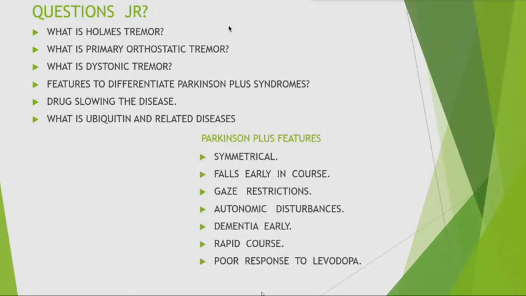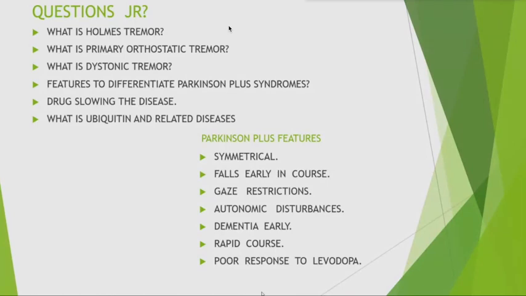So the Parkinson plus features are features that differentiate it from Parkinson's disease, namely Parkinson plus features are symmetrical. Second, these patients fall early in the course of disease, unlike in Parkinson's disease where the fall comes later. Gaze restriction is a feature of Parkinson plus. Autonomic disturbances are features of Parkinson plus.